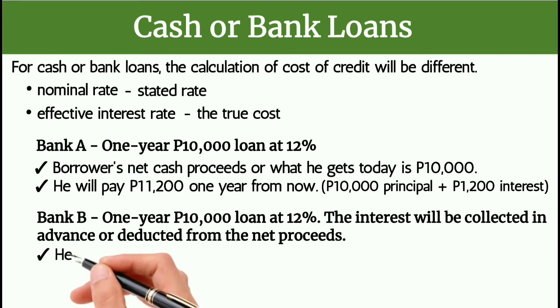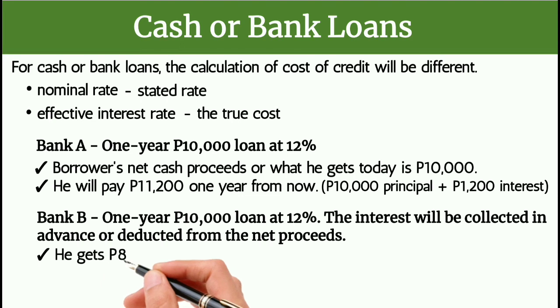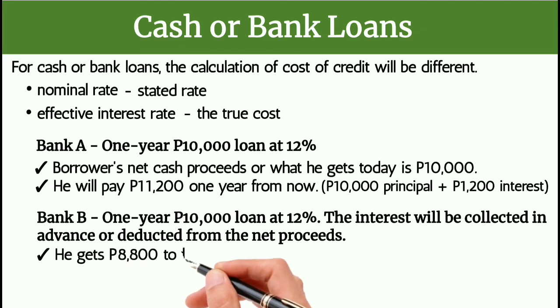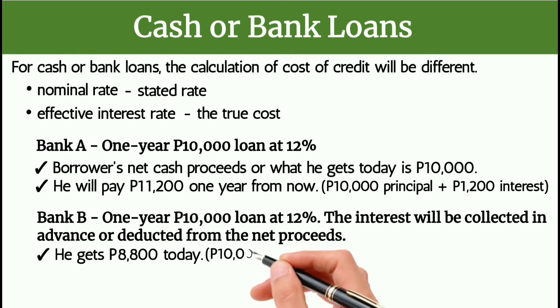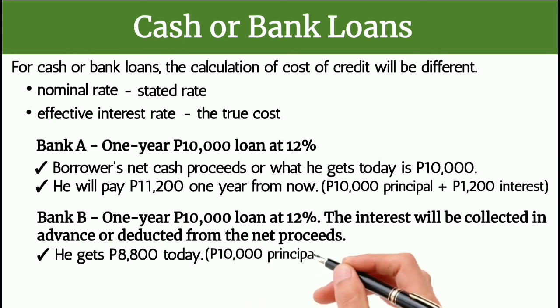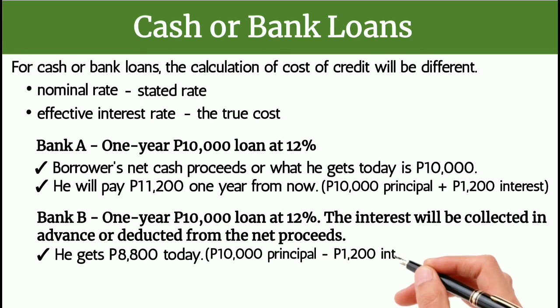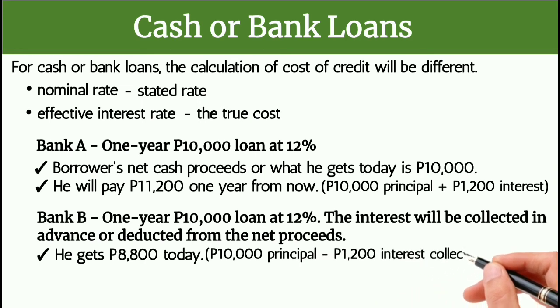So that means he gets 8,800 pesos today. That means ang marireceive ng borrower ay 8,800 pesos. Paano yan na-compute? 10,000 pesos na principal minus yung interest na kinolect in advance.